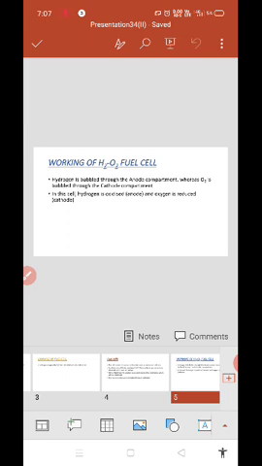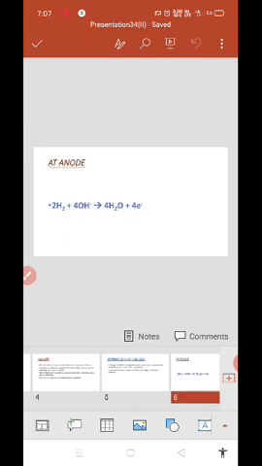So the electrons move from the anode to the cathode, and then electricity is generated. At the anode, hydrogen gas reacts with OH minus ions to form H2O plus 4 electrons. This is the oxidation reaction that takes place at the anode.